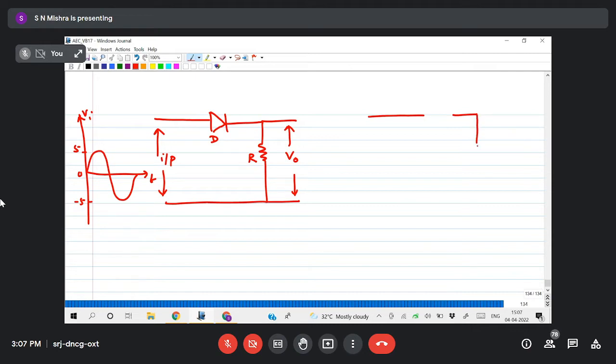So this point is your anode and this is your cathode.